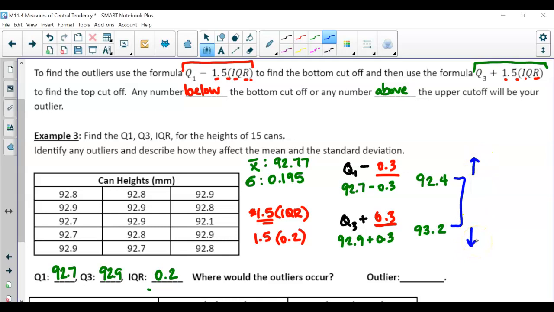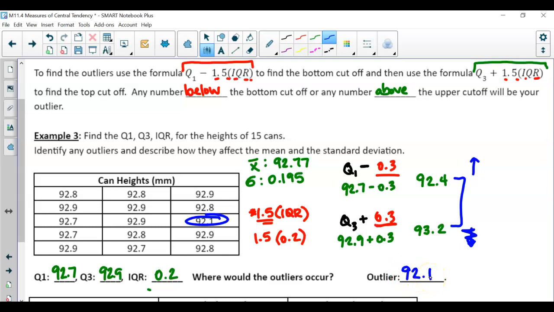Well, I noticed all of our values when we put them in were 92 point something. So we don't have anything above. But do we have any values below 92.4 outside of this? Yes, 92.1. So here, our value is 92.1.